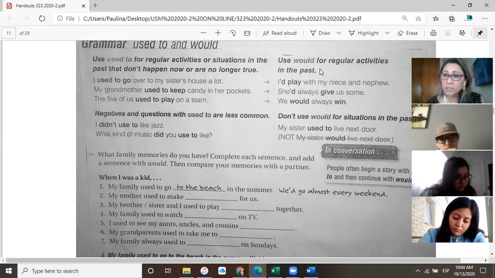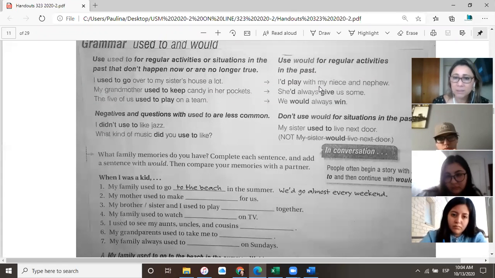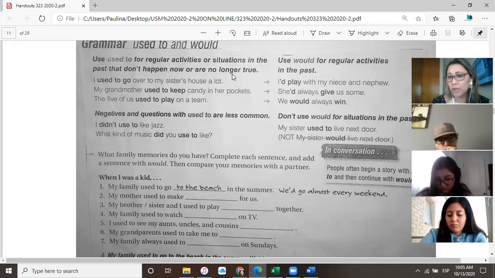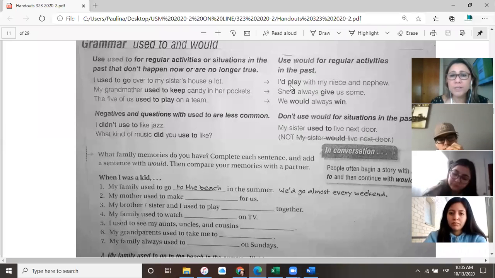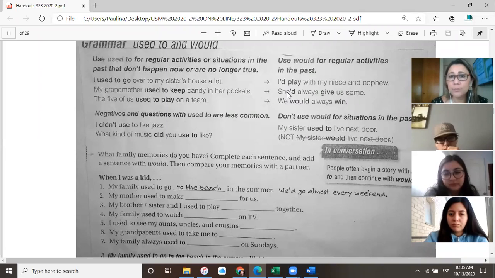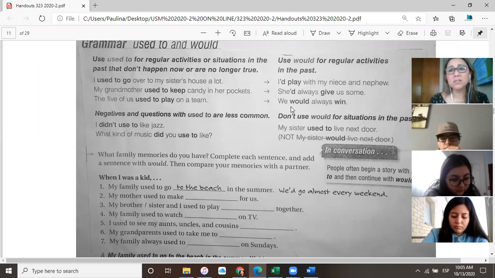Now, would is also used for regular activities in the past, but they are not necessarily like used to, that are no longer true. For example, I played with my niece and nephew and the abbreviation is apostrophe D. She'd always give us some.